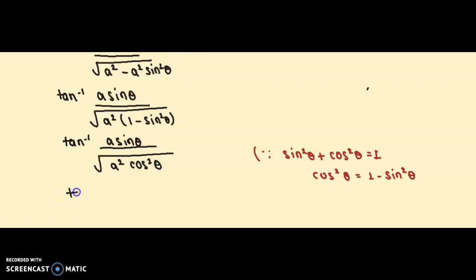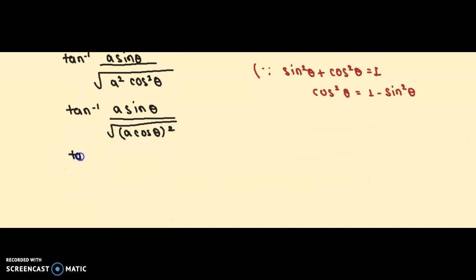Now we can write this as tan inverse of a sine theta as it is, and in the denominator we have root over a square cos square theta. That a square cos square theta we can also write as a cos theta whole square, because we have the square on both terms. Now the square root and the square cancel, so in the denominator we get just a cos theta, and the a and a cancel. So we get tan inverse of sine theta upon cos theta.